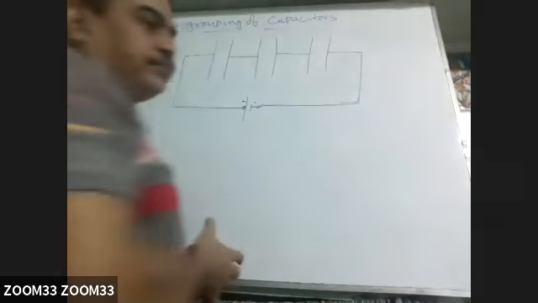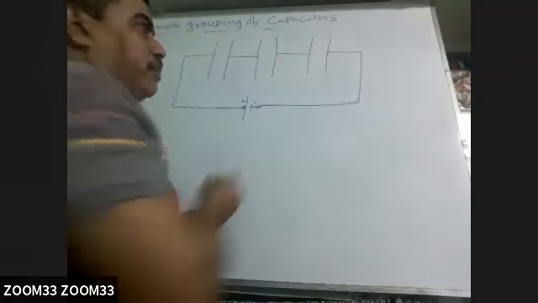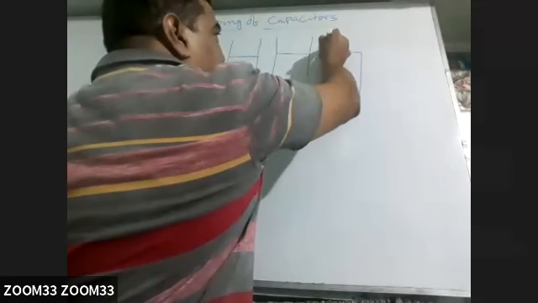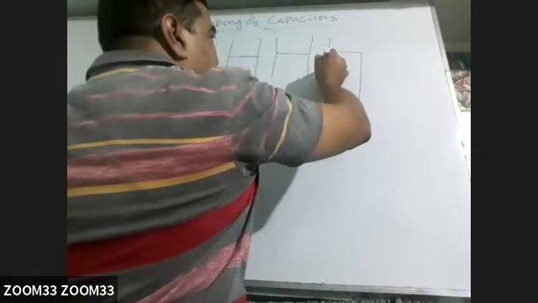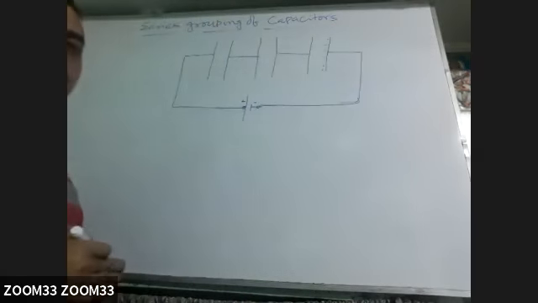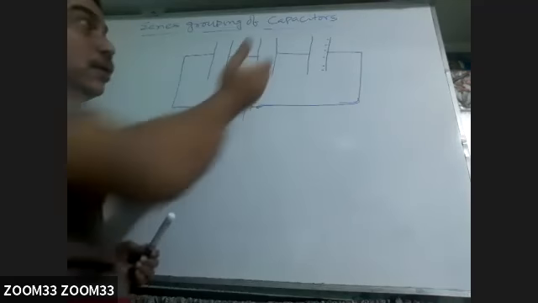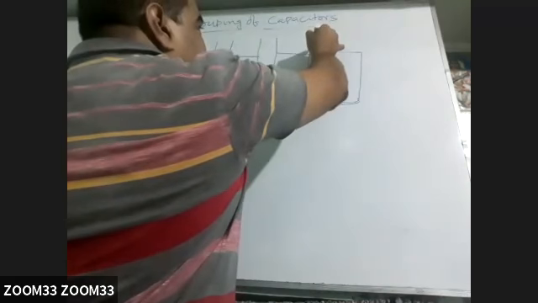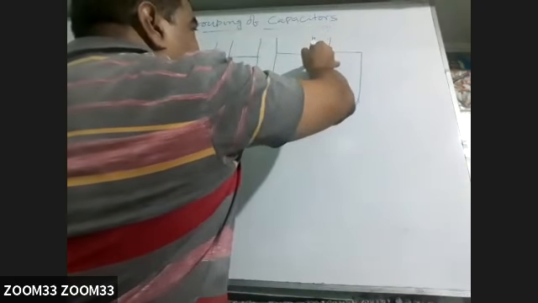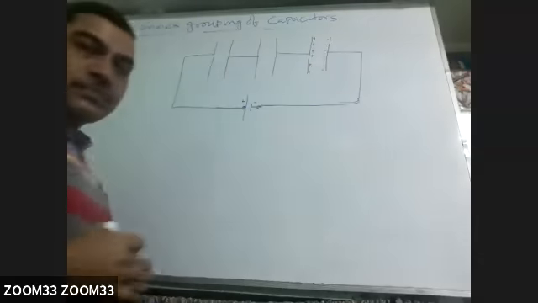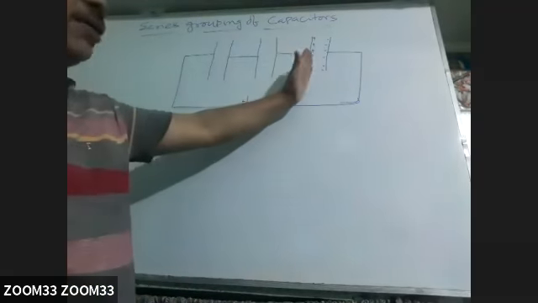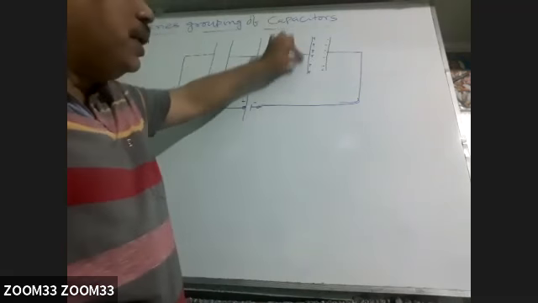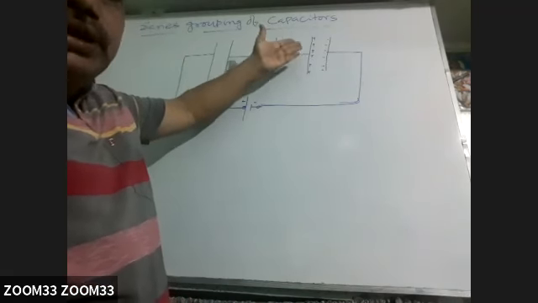What will happen? From this side we can say the electrons will come from here. So first the electron will come here. Some negative charge has come to this place. An equal amount of positive charge will be induced here, in the inner one. Now the outer one, which is negative charge, as it is free charge, will move to this plate.